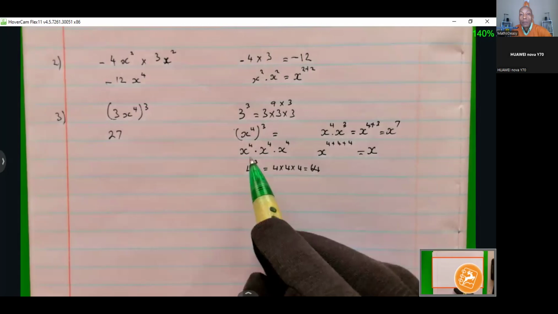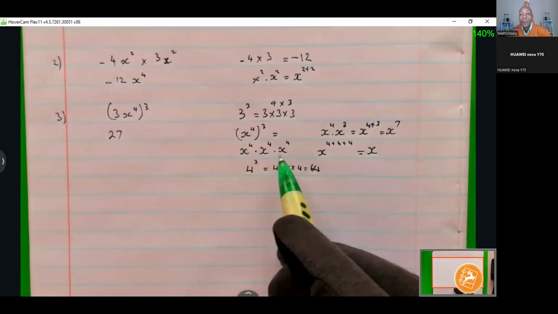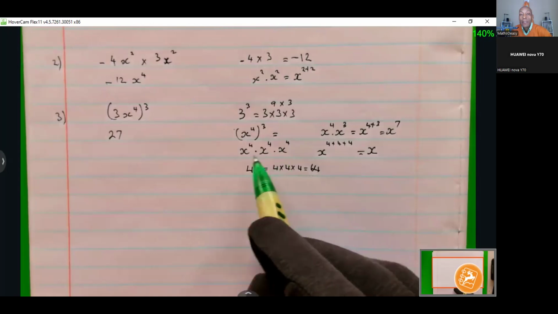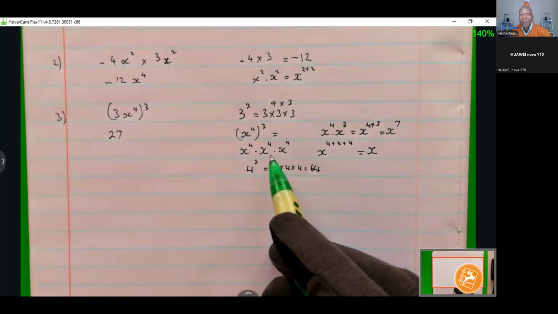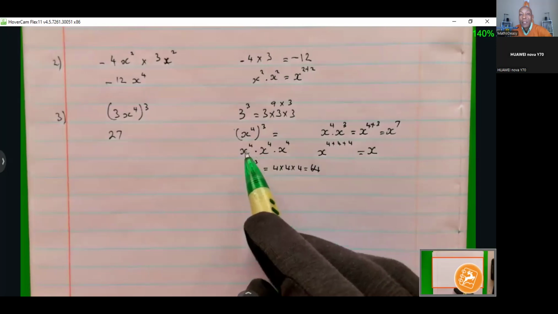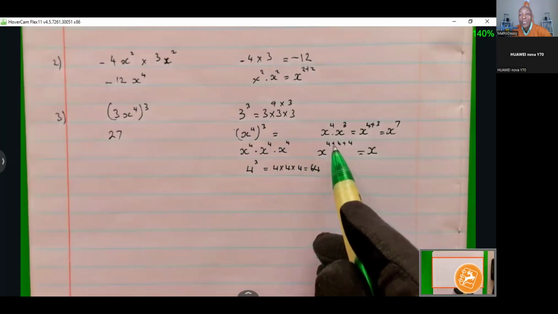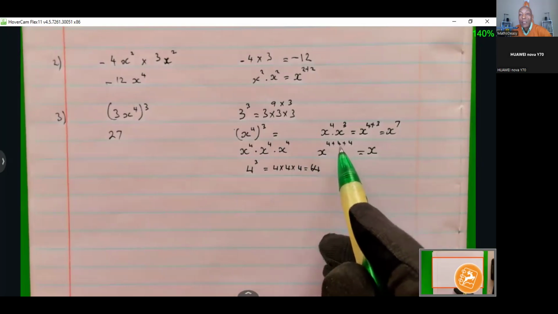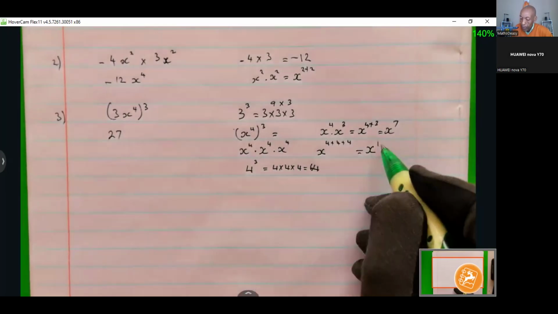What are we doing? We are multiplying 3 algebraic factors, isn't it? Yes. And if we multiply, what is the rule? You say we must add the exponents if the bases are the same. So we are adding, we are not multiplying. So what will be the answer? 12. It will be 12.